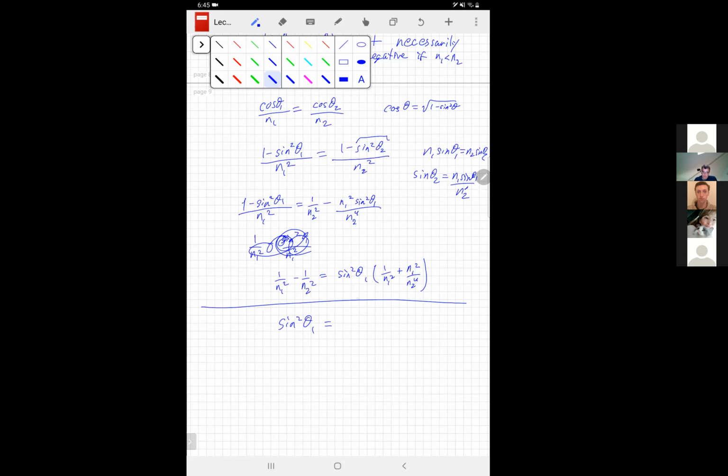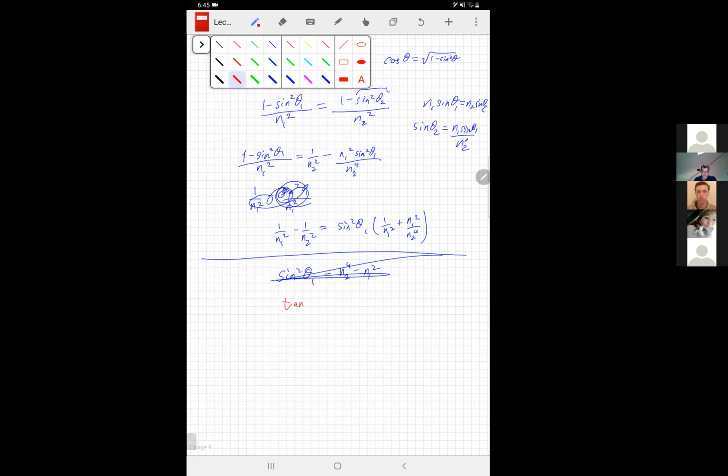Let's multiply both sides by n2 to the 4th and n1 squared. So I'm going to get n2 to the 4th minus n1 squared. Yeah, let's start over again. Multiply both sides by n2 to the 4th. I'm sorry, algebraic gymnastics. I'm not going to teach you anything through these algebraic gymnastics.